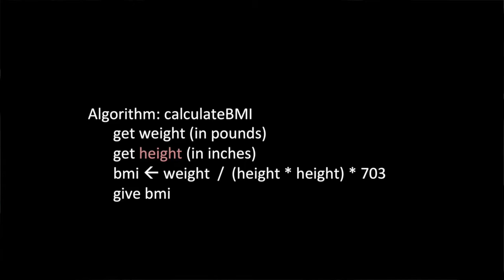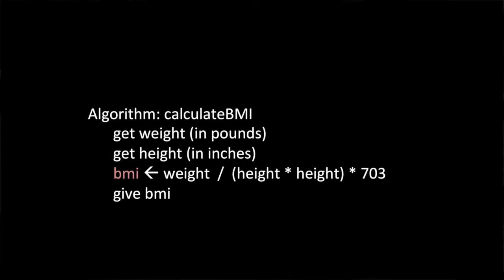Put it another way, weight is a variable that has the value of the user's weight. Height is another variable. It's also going to hold a number, and that will be the user's height. Basically, the symbol height is a way of referring to the value that represents the user's height.